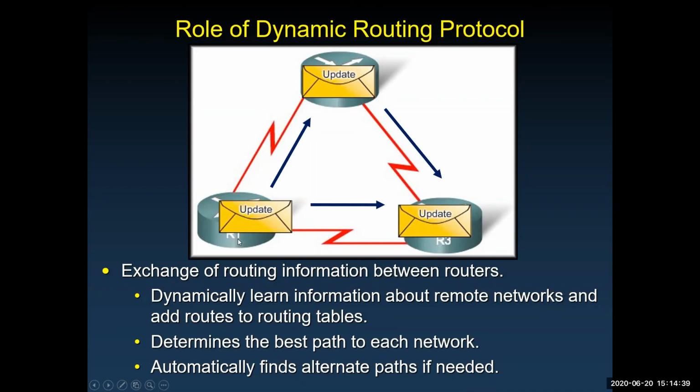Of course, from R1, R3 to R2. Another responsibility is it automatically finds an alternate path if needed. Let's say the path here has been unreachable for some reason, it will do a recalculation of the path. Tawag doon is path determination.